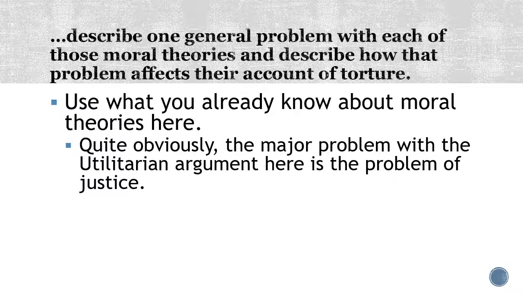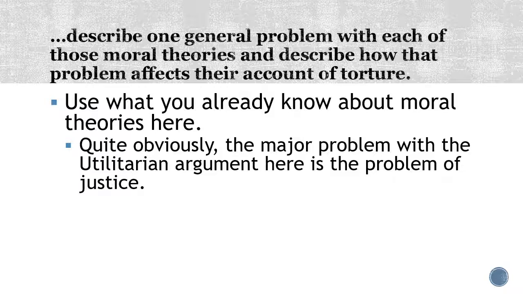And quite obviously, the major problem with the utilitarian argument here is the problem of justice, right? Remember, the utilitarian will say that sometimes unjust things are required of people. So, if torturing somebody isn't unjust, I don't know what is. And so that's the problem that utilitarians are going to have to run into, that they're going to have to defend doing something like torturing somebody. And of course, they have some reasonable responses to this objection, but it's going to be the major objection.